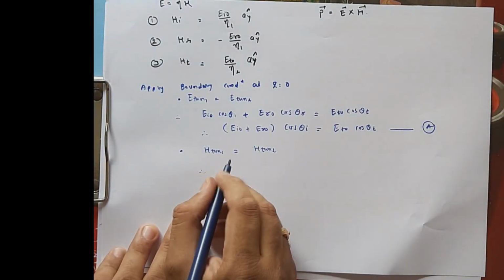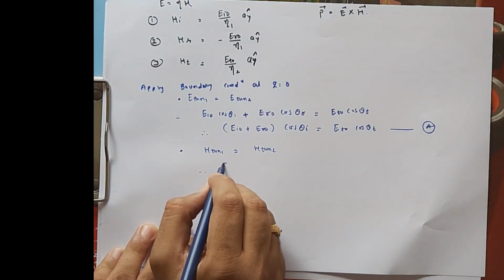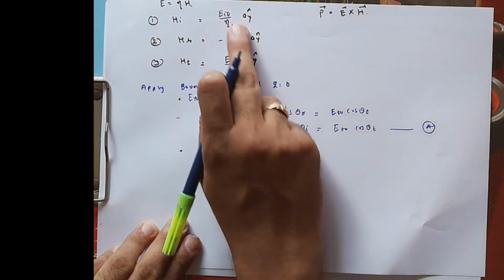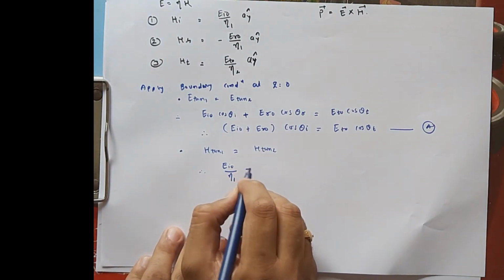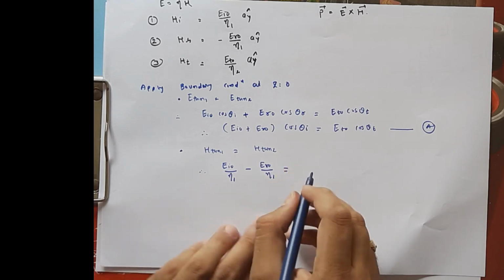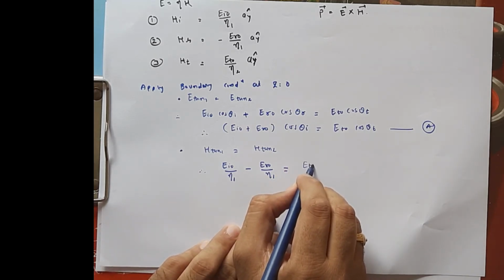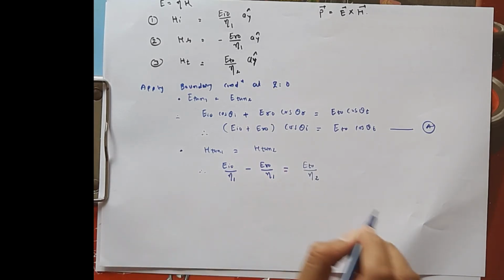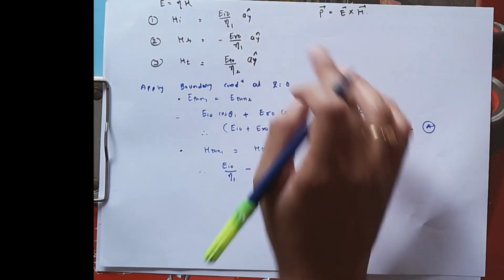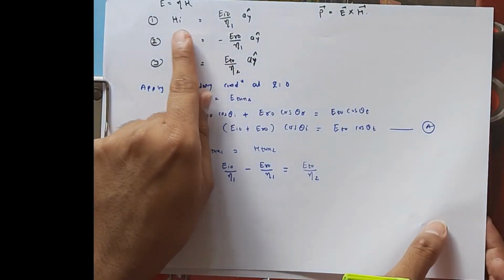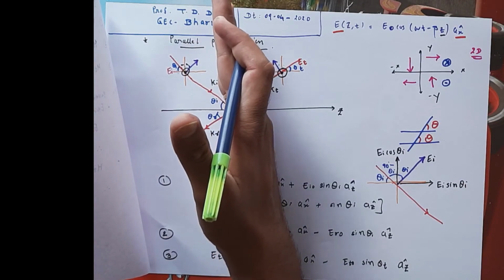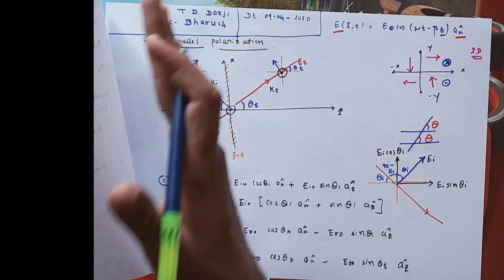So I can write it this way: EIO by eta 1 minus ERO by eta 1, because there are two waves present in medium 1, is equal to ETO by eta 2. Actually these components are in the y direction, but they are tangential to the boundary. Tangential means parallel to this boundary.